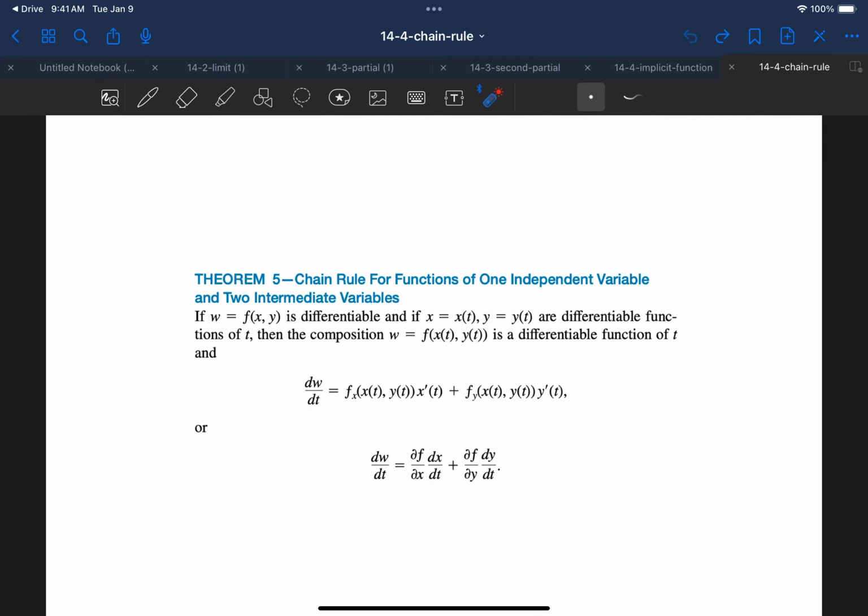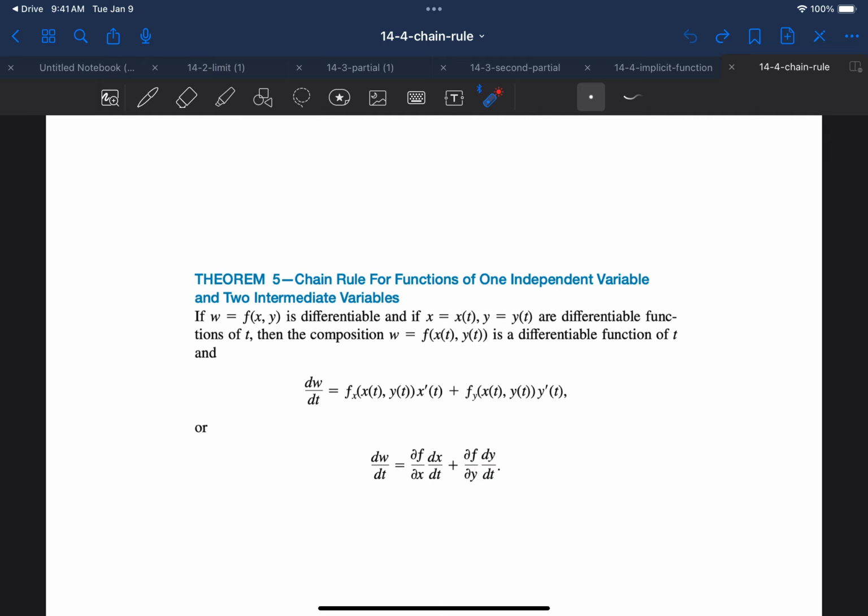Then the chain rule says it is partial f with respect to x times x prime of t plus partial f with respect to y times y prime of t. Or you can rewrite this dw/dt in another notation, partial derivative notation: df/dx dx/dt plus df/dy dy/dt.